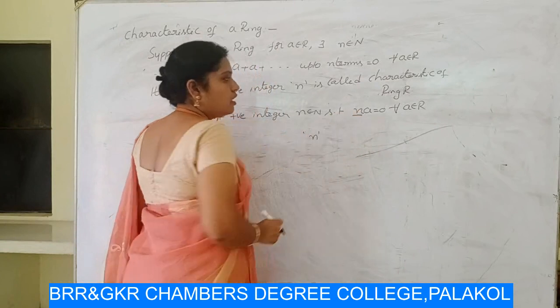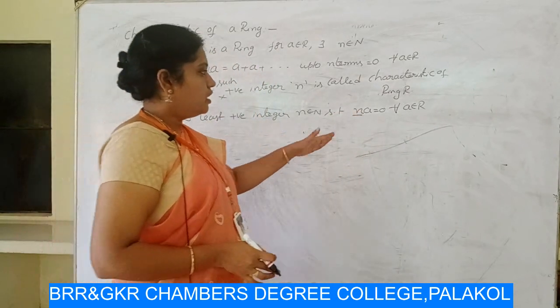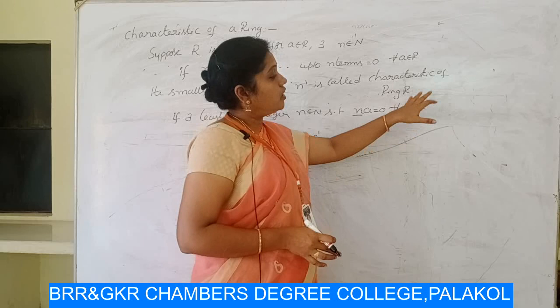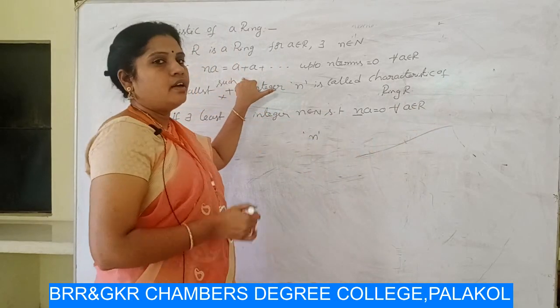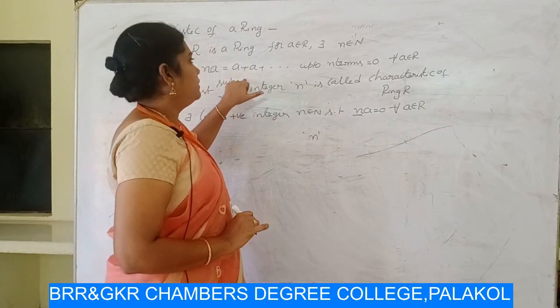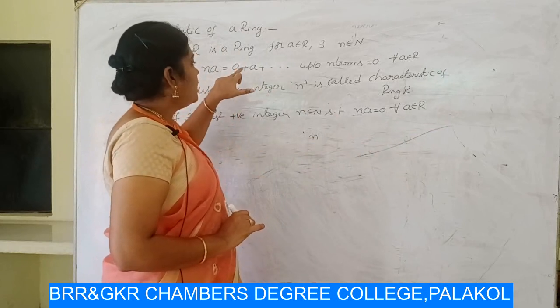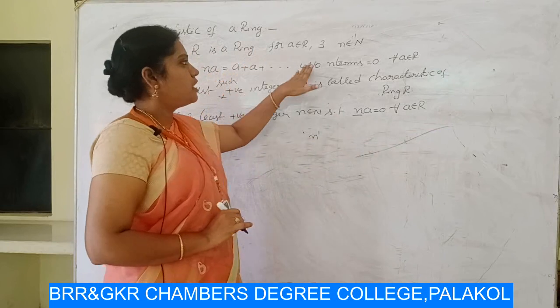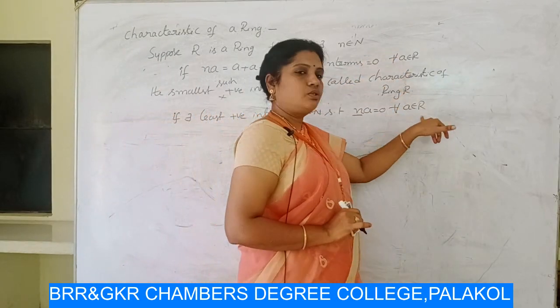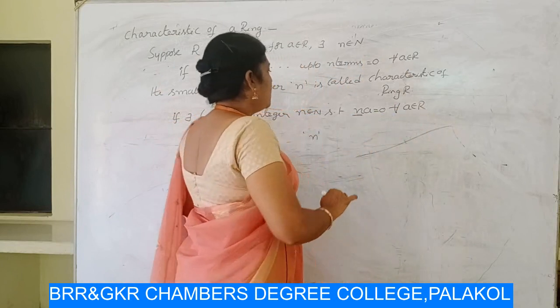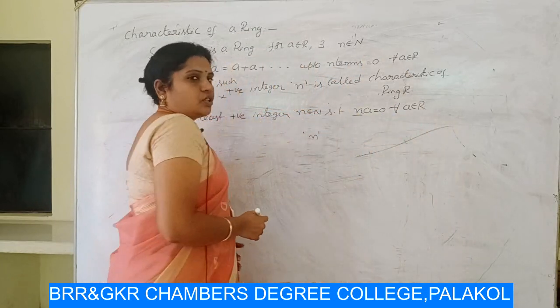Here n is least and na is equal to 0 for all a belongs to R. That means na means integral multiples of the element. So here na is taken as a plus a plus a plus up to n terms is equal to 0 for all a belongs to R. Then n is the characteristic of a ring R.